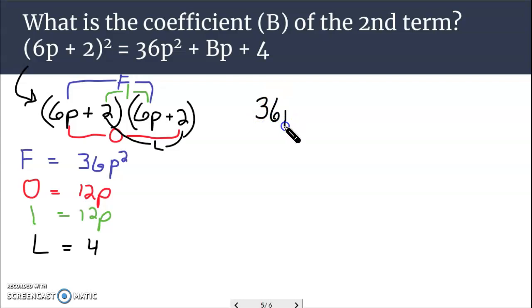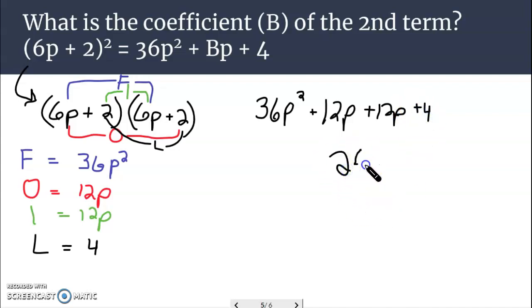All right, we have 36p squared. We have 12p. We have another 12p. And then we have a 4. All right, 12p plus 12p is 24p. That's the only like terms we have here.